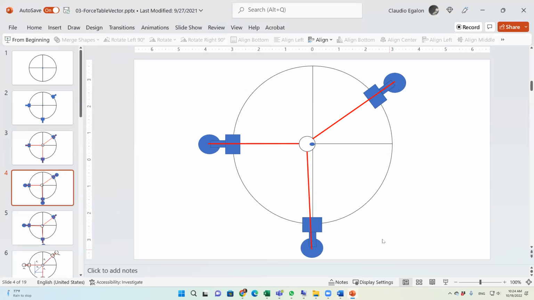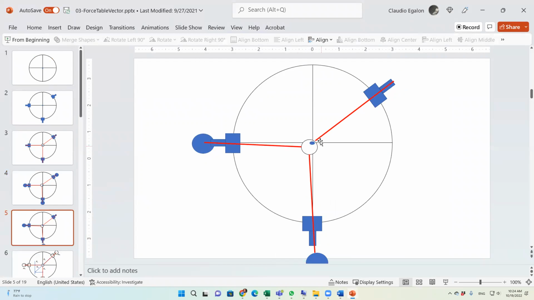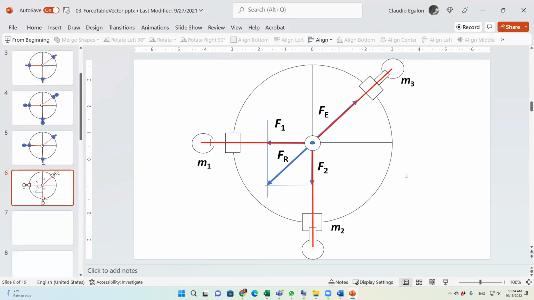Okay, so here we go. In order to reach equilibrium, you must have this ring centered, right? And that's what it looks like in a free body diagram. We have the force 1 applied to the ring, and the force 2 applied to the ring. Because they add vectorially, force 1 and force 2 generate a resultant equal to this force.